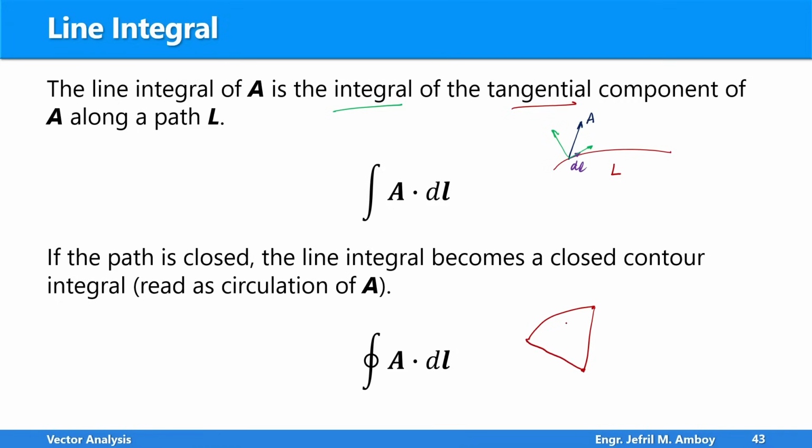So here, we have a closed path. If we evaluate the line integral of a vector over a closed path, that gives us the circulation of A through that path. To evaluate that, we get the line integral for each segment. In this case, there are three paths: the first one, the second one, and the third. So the circulation is the sum of the three line integrals.